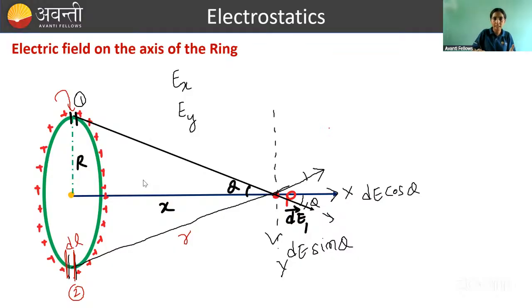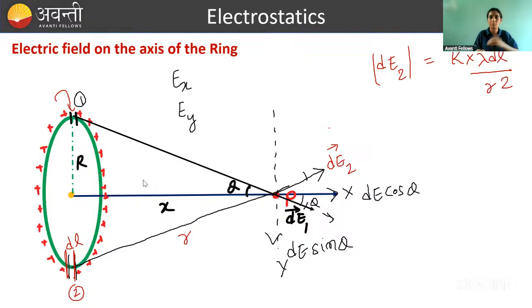So if I say the value of electric field because of the second element is dE2, then the magnitude of dE2 will be the same as dE1, because its value is also K lambda dl divided by r squared. So magnitude wise both are the same. I am indicating it by dE.